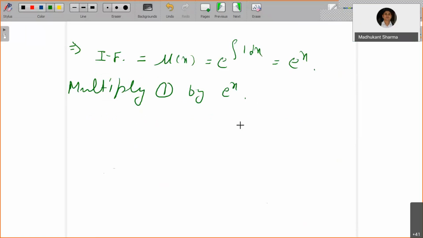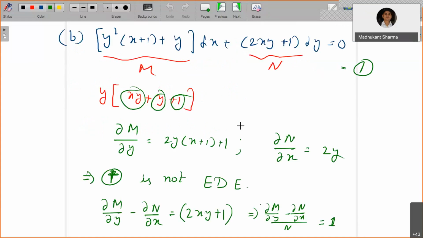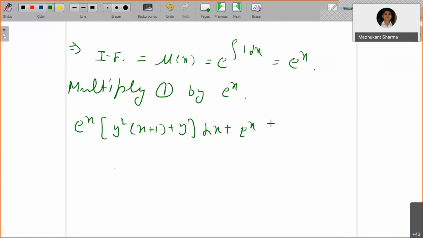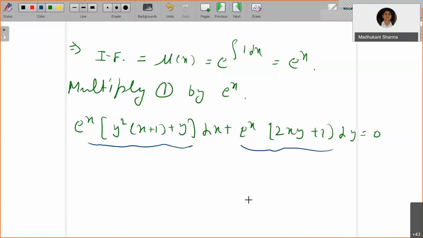What you will get is e to the power x times (y square times (x plus 1) plus y) dx plus e to the power x times (2xy plus 1) dy equals to 0. Now we can verify that the resulting equation becomes exact. So this is, let's say, m tilde.